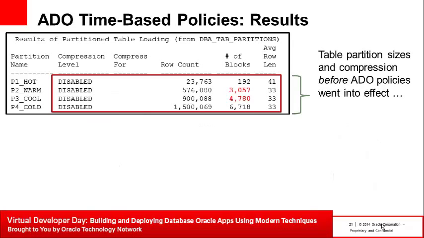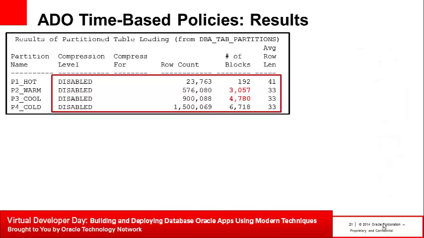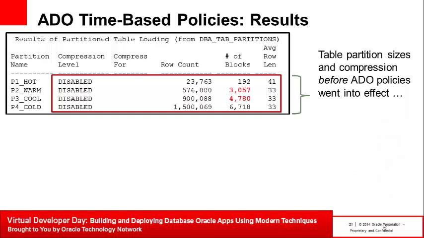Let's take a look at the 4 partitions that are part of APO randomized parted. Notice that at the very beginning, before any ADO policy ever fired off, here are the counts of the number of blocks and the average row length for each of the 4 partitions. After the ADO time-based policy went into effect, over time, let's take a look at the results.